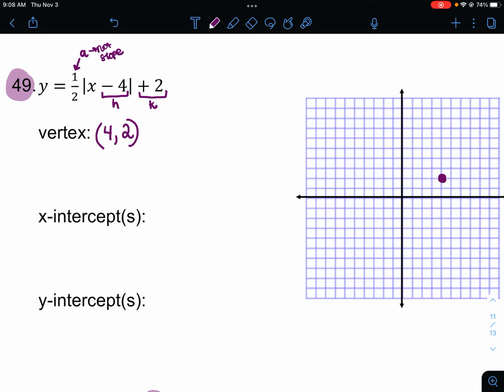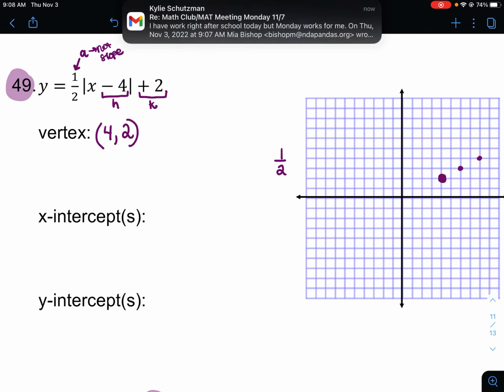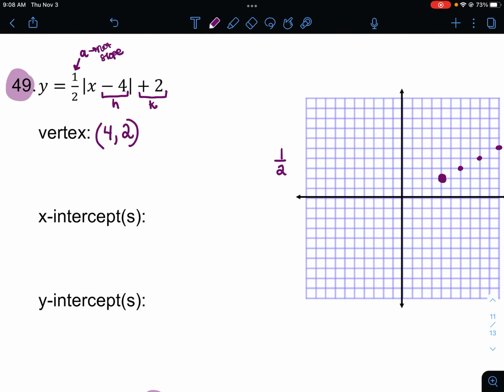My slope is 1/2, so that means I'm going to rise 1 and then go right 2. Rise 1, go right 2. Or we want to make our V, right? So we need to go up 1, left 2, up 1, left 2. And you can connect your dots.